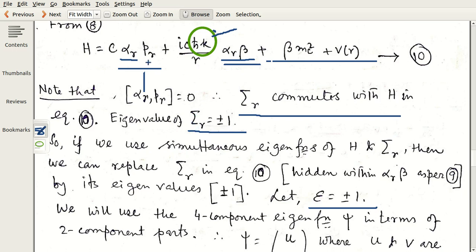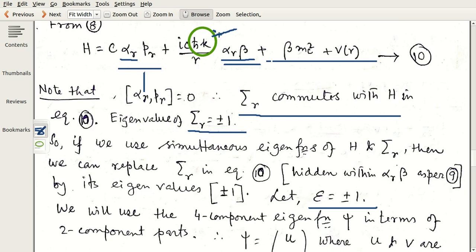So here also we will use the eigenvalue of the sigma r operator when we choose those eigenfunctions which are simultaneous eigenfunctions of h and sigma r. Here two things you have to note. Number one, this k operator actually gives us the angular momentum operator.